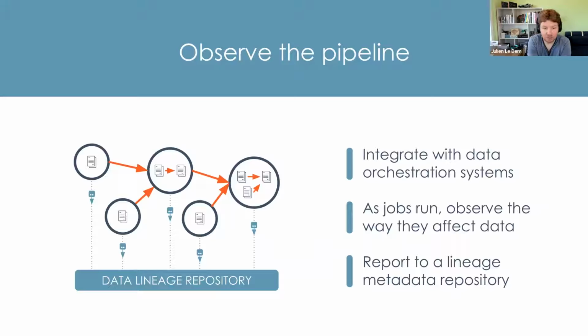And that is independent of what transformation layer you're using, whether it's a data warehouse, SQL, Spark, DBT, ETL tools, BI tools, all of those things. We have transformations and want to observe what's happening, and so integrate with the data orchestration system and know how things are happening. And so collect all this information as things are running.